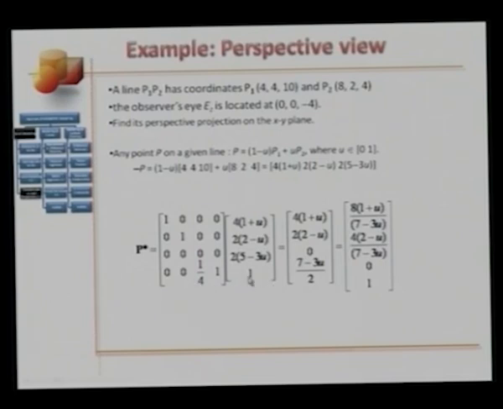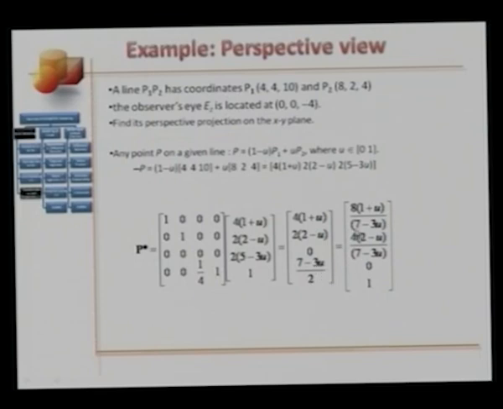After performing the multiplication, we see that P star has 3 components: 4 times 1 plus u in the x, 2 times 2 minus u in the y, 0 in the z, and 7 minus 3u over 2 in place of 1.